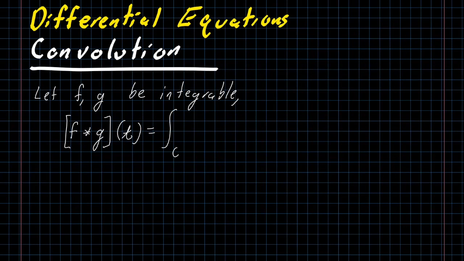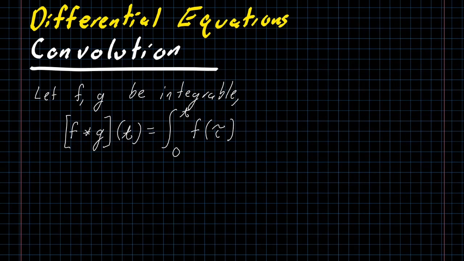The integral from 0 to t, right? So a function defined by an integral integrates starting at some starting point. 0 turns out to be very useful, going to the value of the independent variable, the value where you are evaluating the function. And then I'm going to take my function f, I'm going to evaluate it at some dummy variable.